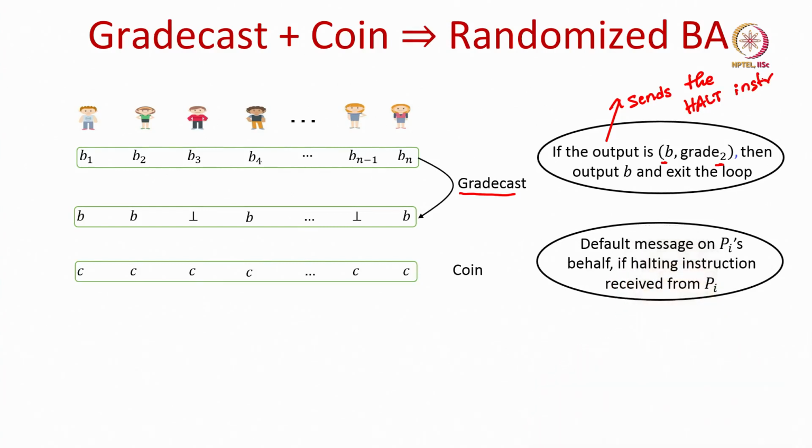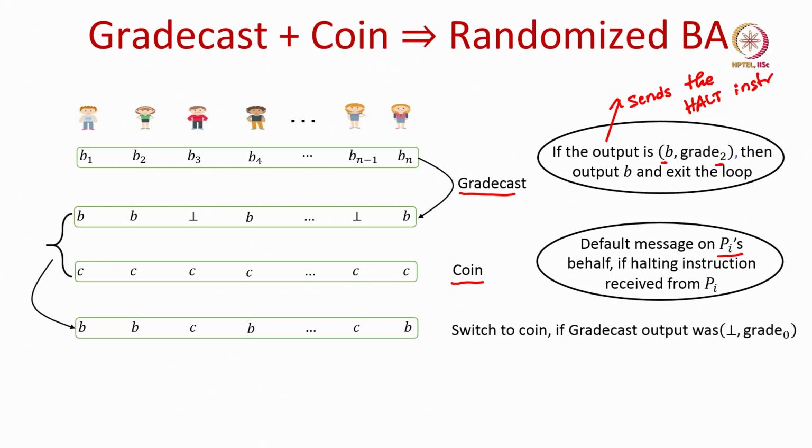Now, irrespective of what output the parties obtain from the invocation of Gradecast, the parties run an instance of coin, and here if some message is expected from Pi, but Pi has already sent the halting instruction, then during the instance of coin we can imagine that Pi is sending some default message, and then the parties decide how to participate in the second instance of Gradecast. They check if any party has obtained the output bot with grade 0 during the first invocation of Gradecast.